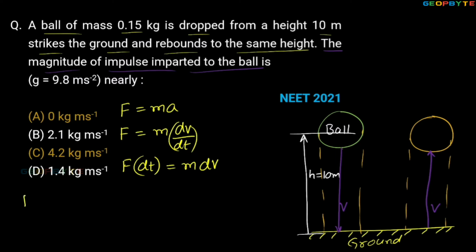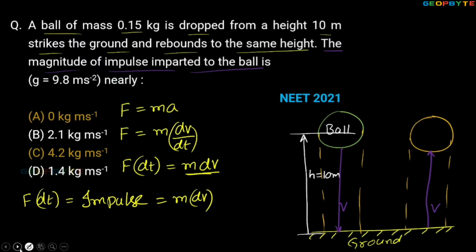Dear friends, remember the product of F and dt is the impulse. That impulse equals the product of mass and change in velocity. The general formula: product of force and time is the impulse.